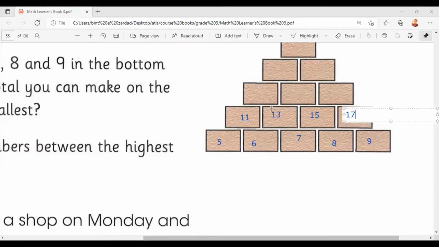And like this we are moving upward. 11 plus 13, 24. Then 28, and we put them over this.